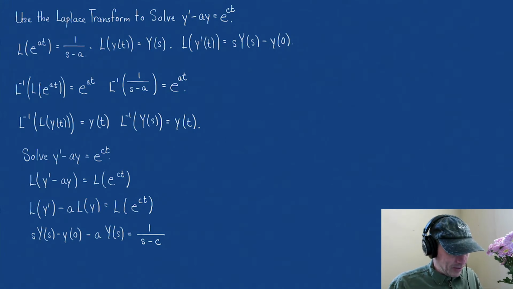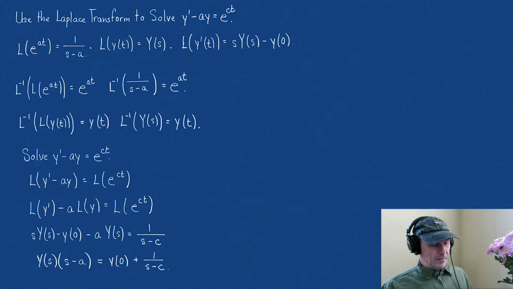So solve for capital Y of s. I'm going to do two things. I'm going to factor out the capital Y of s, and that leaves me with an s minus a. Then let's move that initial condition to the right-hand side. So I'll write this as equals y of 0 plus 1 over s minus c. Divide both sides by s minus a.